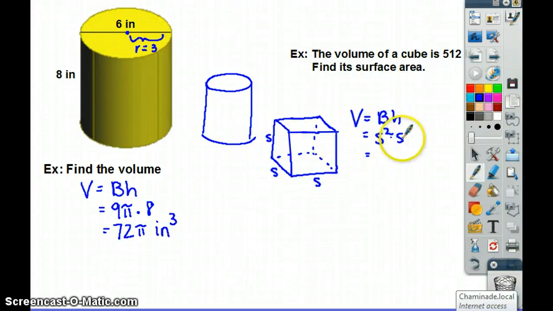Well, side squared times the side is the side cubed. So I know the volume, 512, is the side cubed.